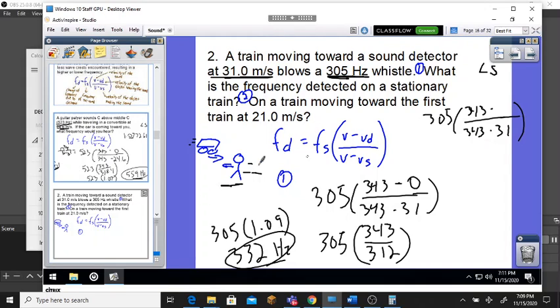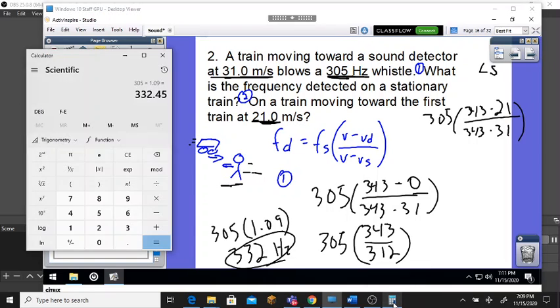So we have the train making the sound, and the detector, or maybe you, going the other direction. So what's going to be the new frequency, the pitch drop?